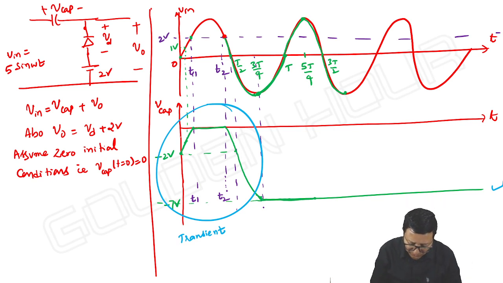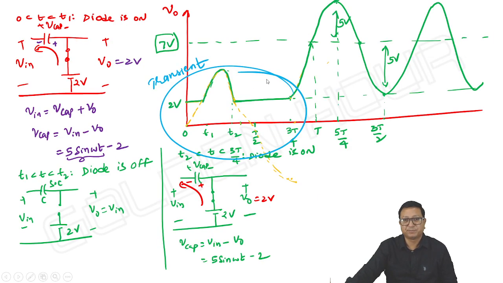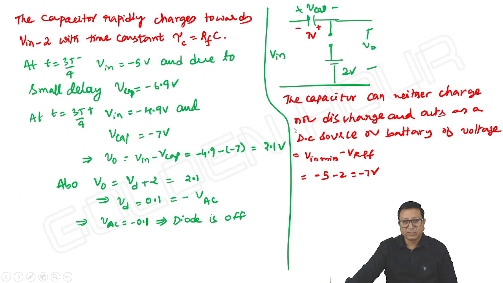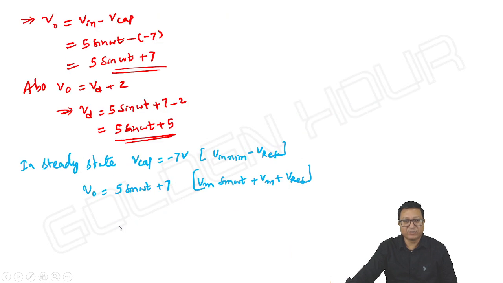There is a small delay, no doubt about it. Here we can see it is rapidly charging, not abrupt. That delay will be there, which I have not mentioned initially, but it is possible. So this is how we can analyze this positive clamper with reference voltage.